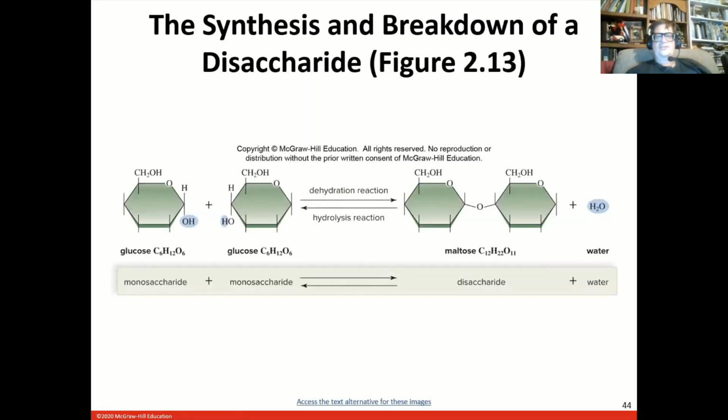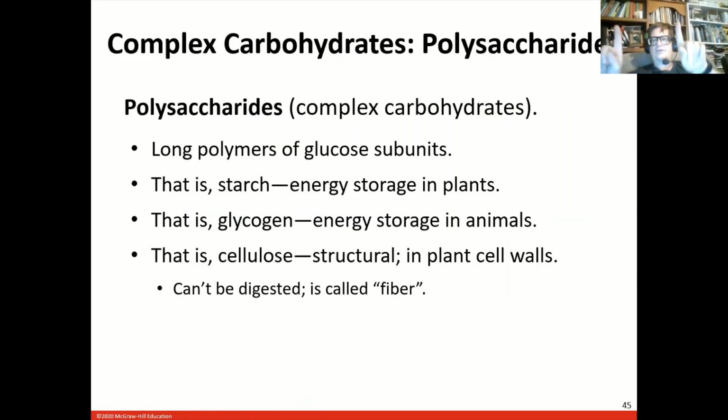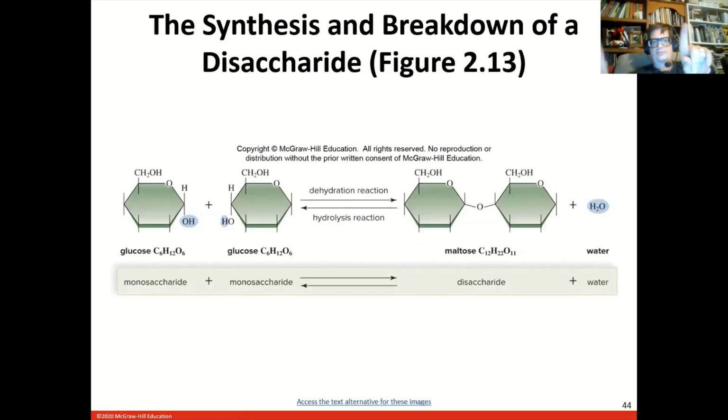So disaccharides, monosaccharides. If you take 2 monosaccharides and put them together to make a disaccharide, that is an example of dehydration synthesis, a dehydration reaction. You see it here going left to right.